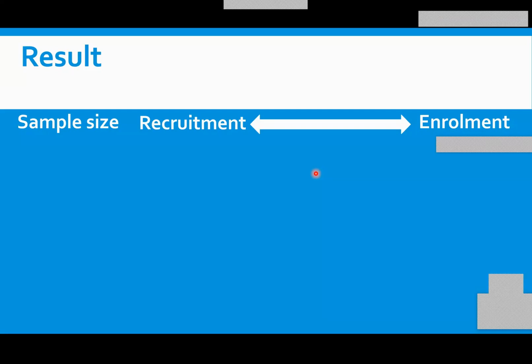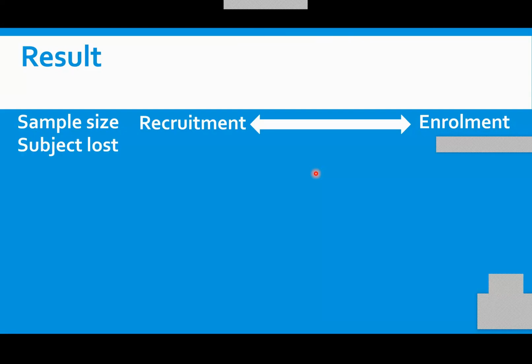So if you have 100% recruitment and 50% enrollment, then your consenting rate is 50% if the loss is only due to the parent denying the consent. So recruitment is meeting the inclusion criteria and precluding the exclusion criteria. Enrollment is starting to collect data, or start giving the intervention if it's an intervention trial.